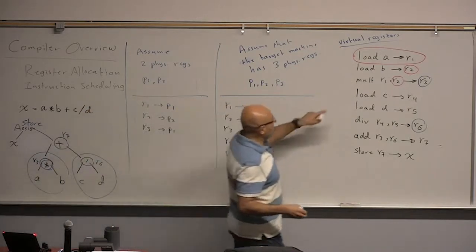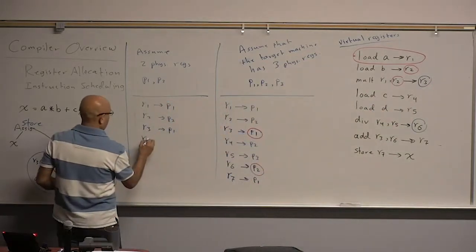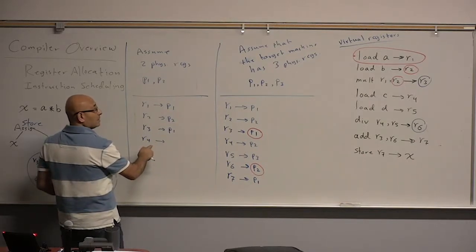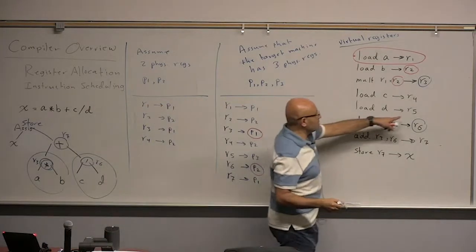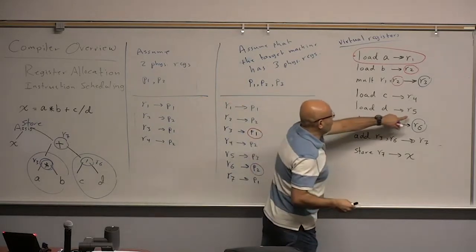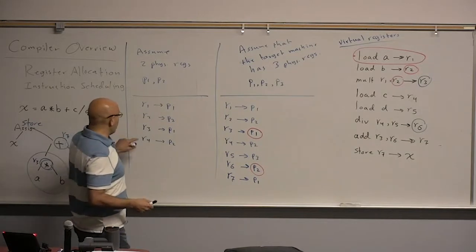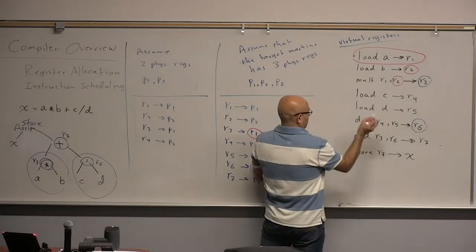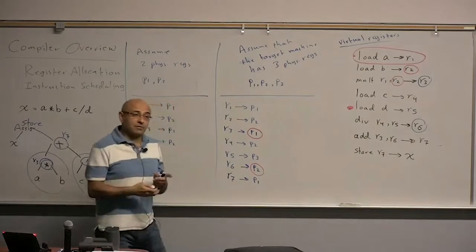Now we need a register for R4, so where can we put R4? P2. In P2. Now we need a register for R5. This is where we hit a problem. We have R3 and R4 at this point, and we are looking for a register for R5.